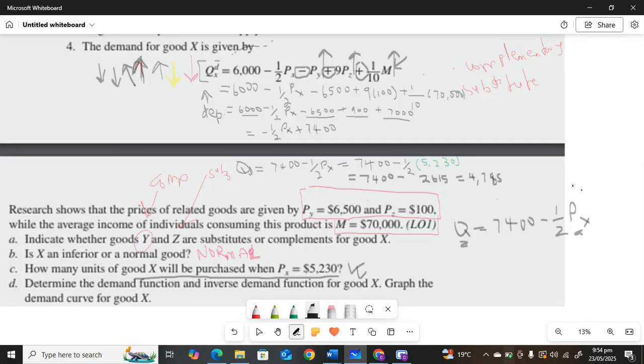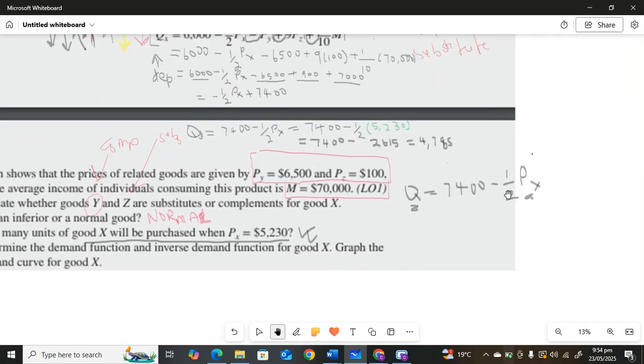So here we can make Px the subject of the formula. Many ways to do it. If you want, first we can convert this fraction into a decimal. So 7,400 minus 0.5 Px.